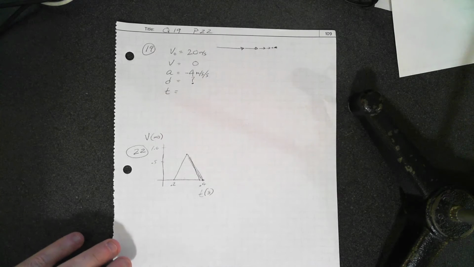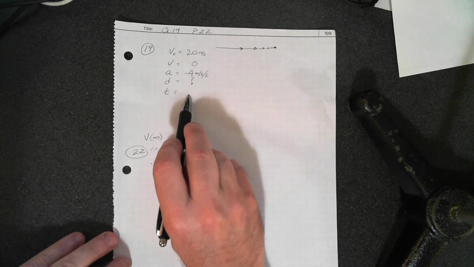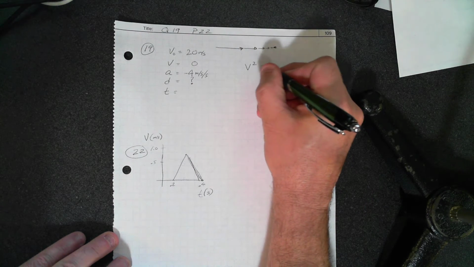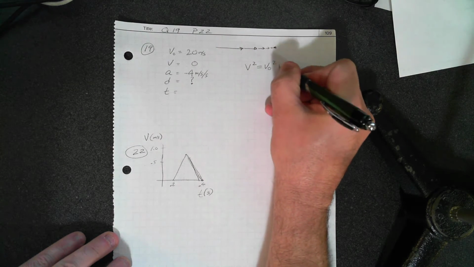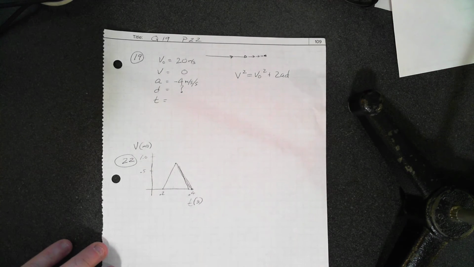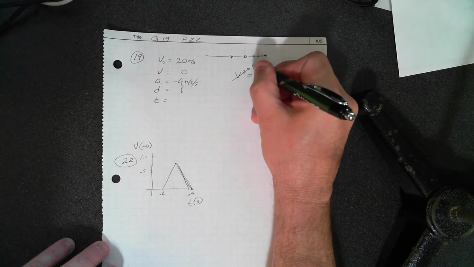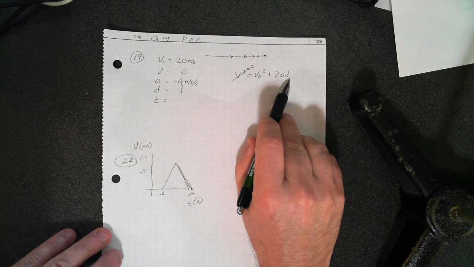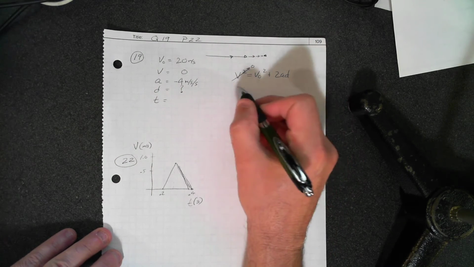So, we look at our equations, and we want one that doesn't have time. And it's going to be this one. And we know the final velocity is 0, so throw that out right away. And your job is to solve for d, so let's move this over.